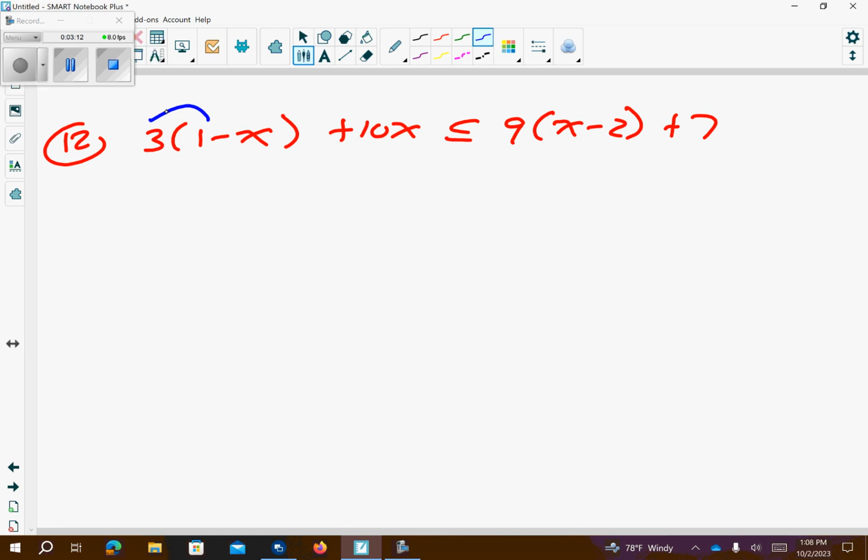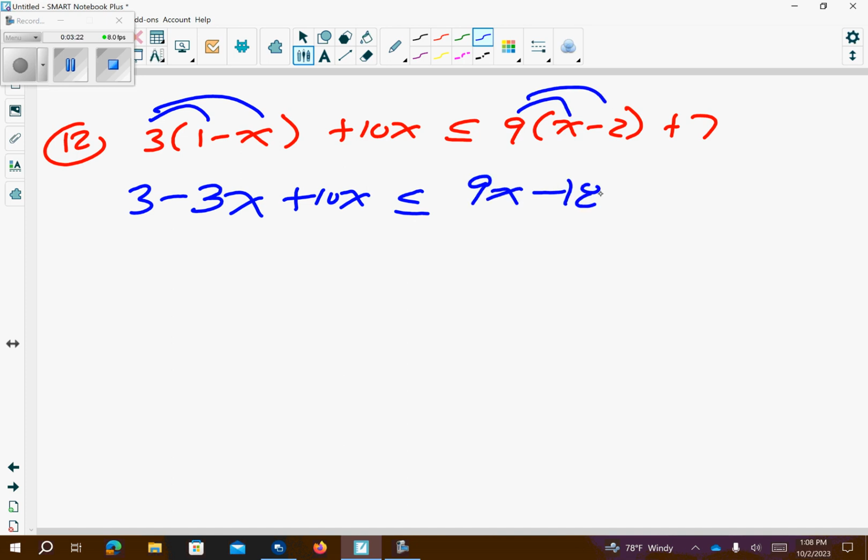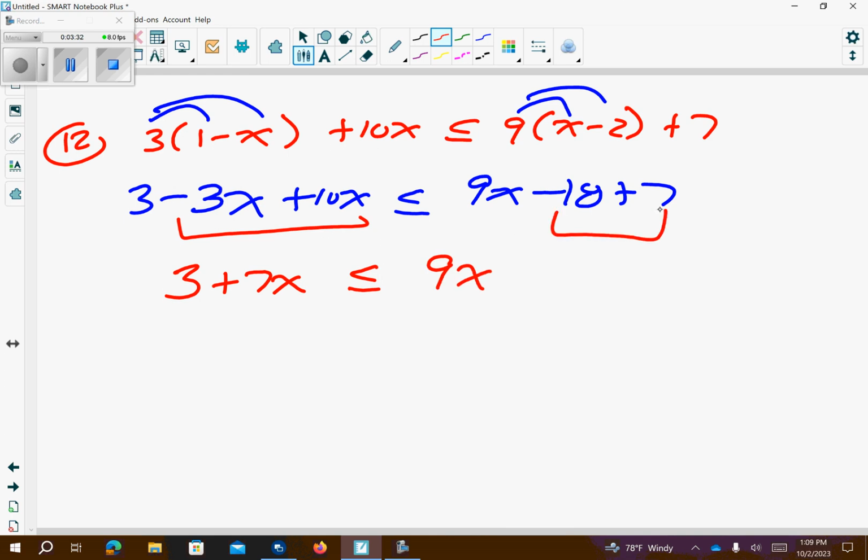Number 12, we're going to distribute the 3 over the parentheses first. Distribute the 9 over the next set of parentheses. So we're going to go ahead and add those together. All right, 9x, and that's going to give me negative 11.